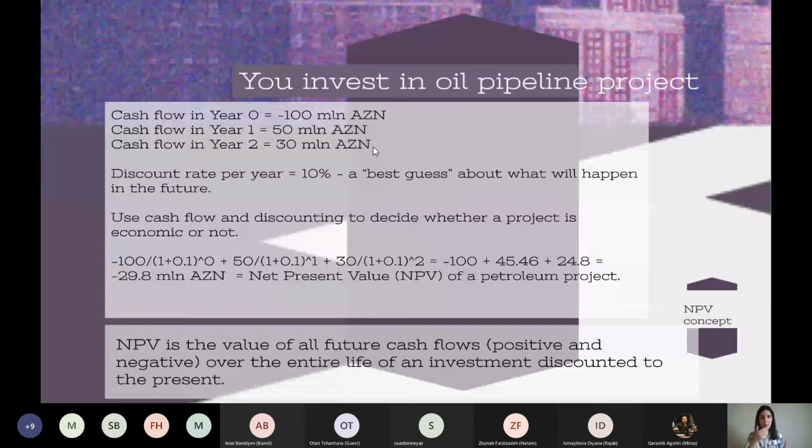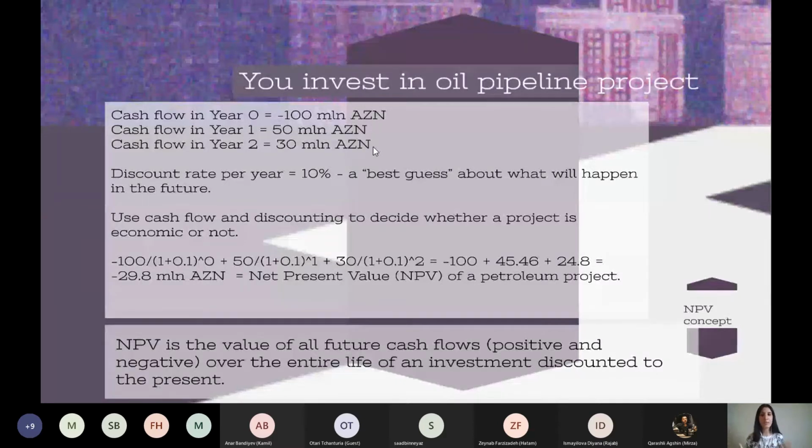So if you don't know about present value, if you don't know about discounting cash flow, what will we do? We just simply add them up, right? Minus 100 million plus 50 plus 30, it will be minus 20 million manats.